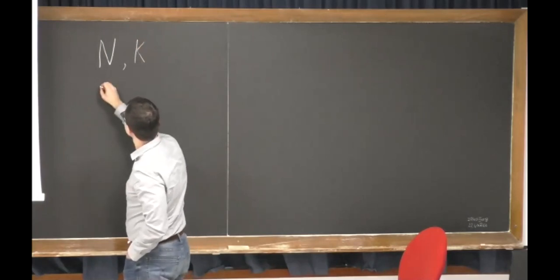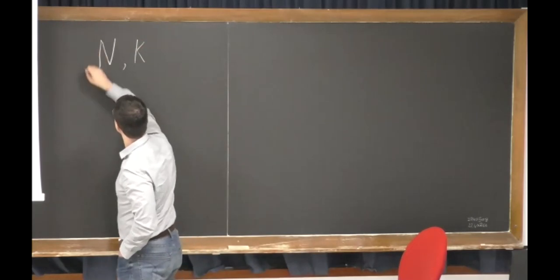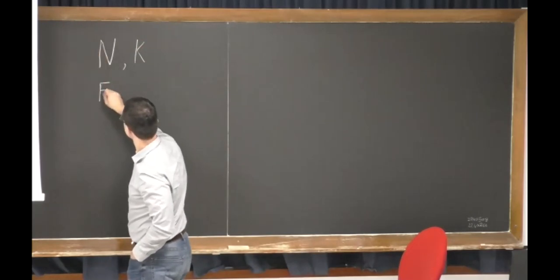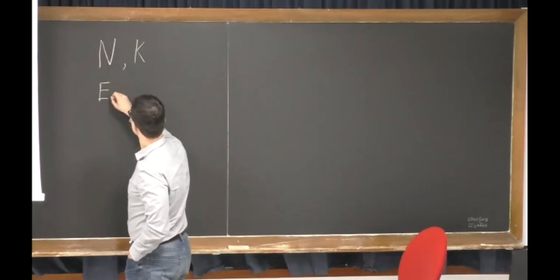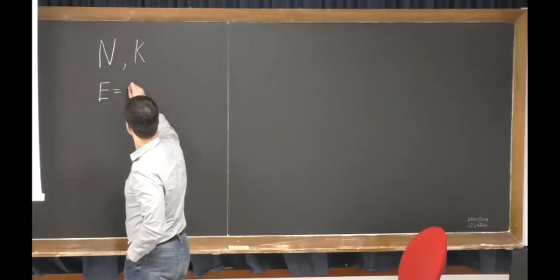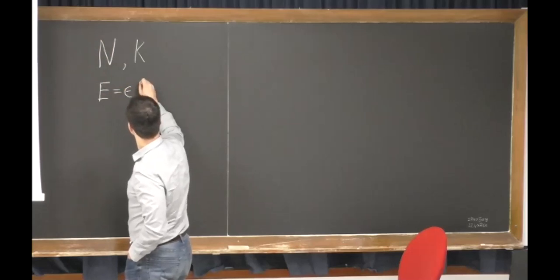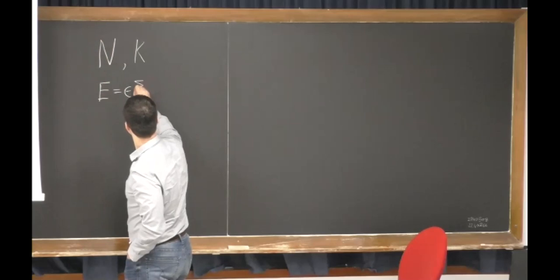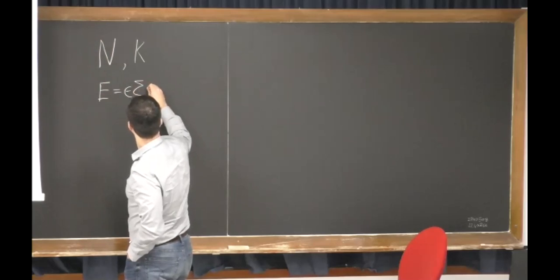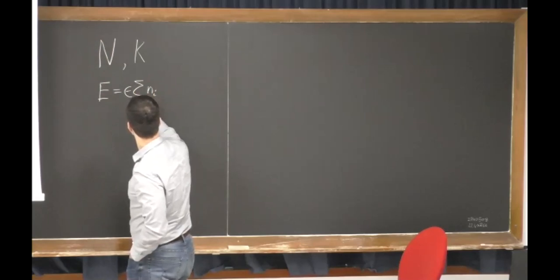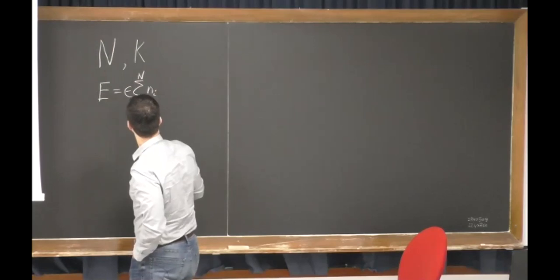So these are independent quantities that are given, and these are constraints. Then the total energy is simply the unit of energy epsilon times the sum of excitations, where i goes from 1 to n.